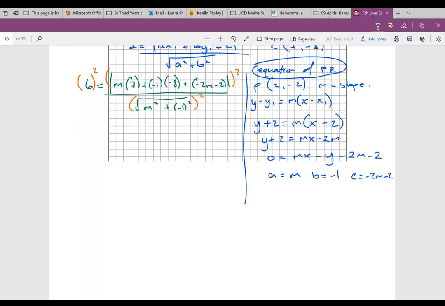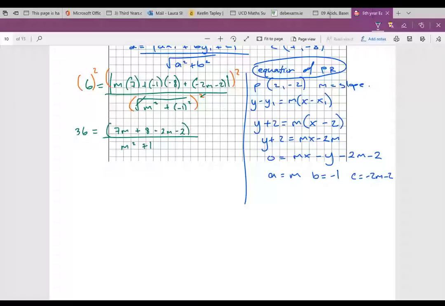I've then got 36 is equal to, okay, now I can clean this up a little bit, so it'll be 7m plus 8 minus 2m minus 2. Okay, and I can still clean that up a little bit further. The squared and square root cancel off, so m squared plus 1.